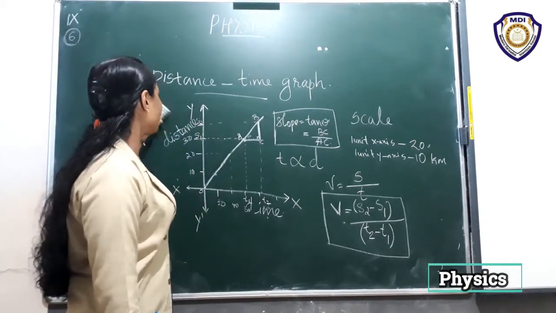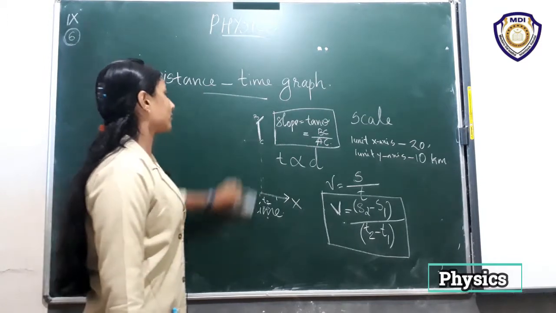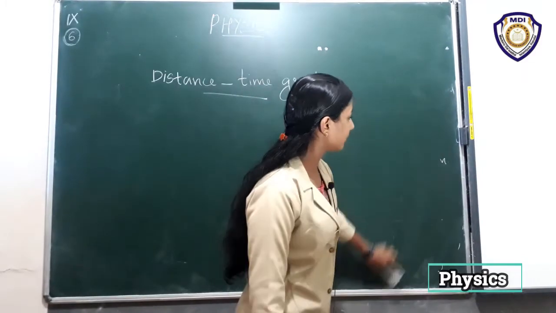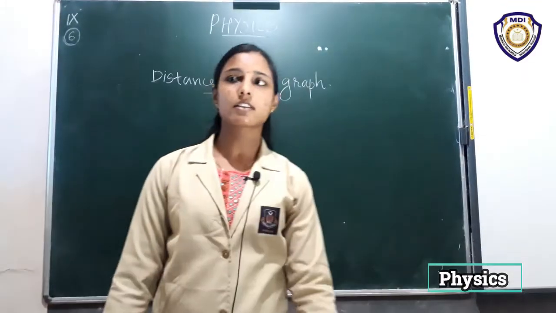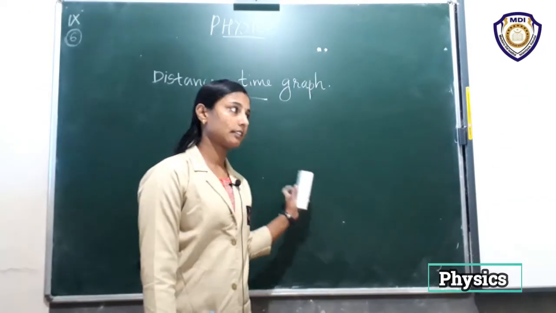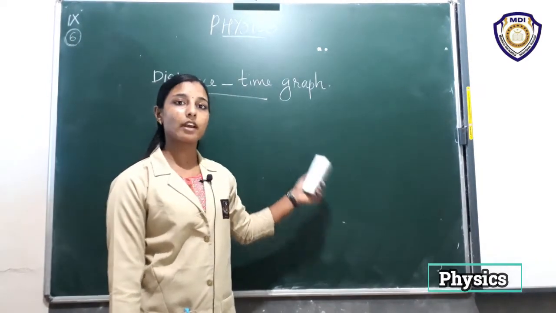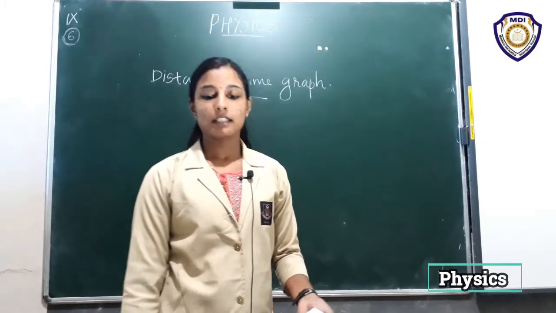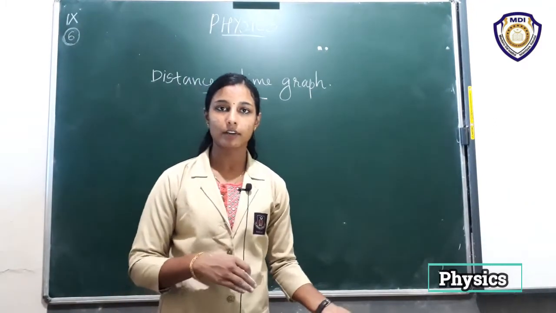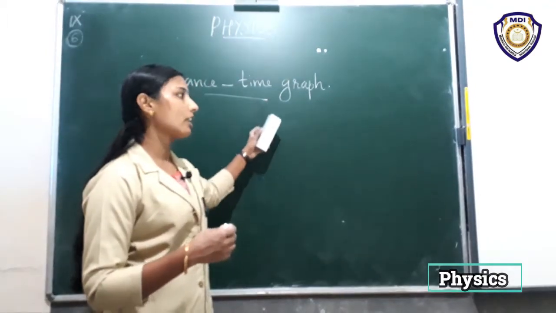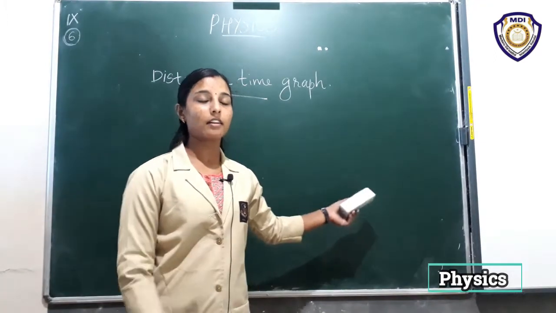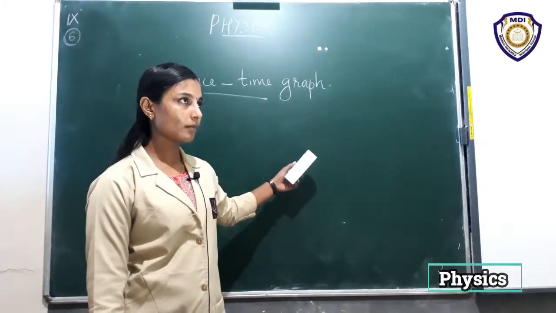So what we have discussed so far are the graphs, that is the distance time graph. What is a distance time graph? The distance time graph shows the changing position of an object with time. We draw distance on the y-axis and time taken on the x-axis.